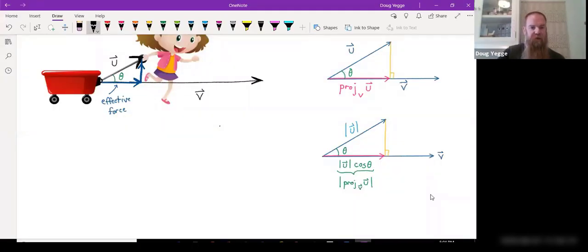So the projection of u onto v has a certain length and a certain direction. The projection has length equal to the magnitude of u times cosine theta.